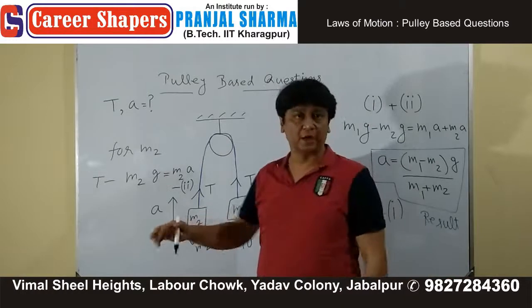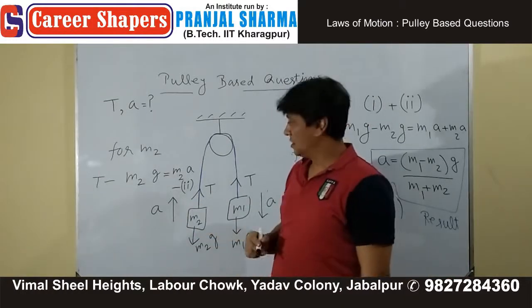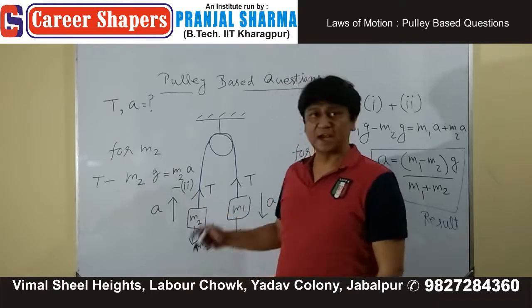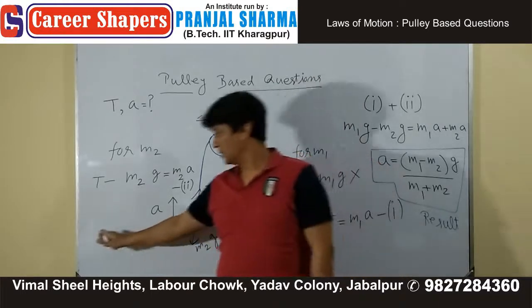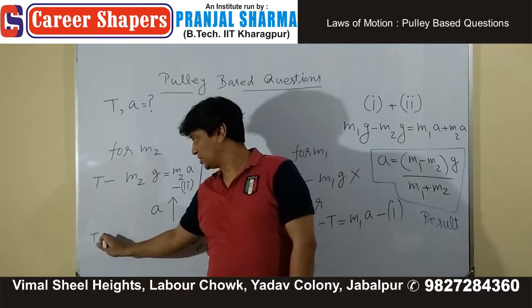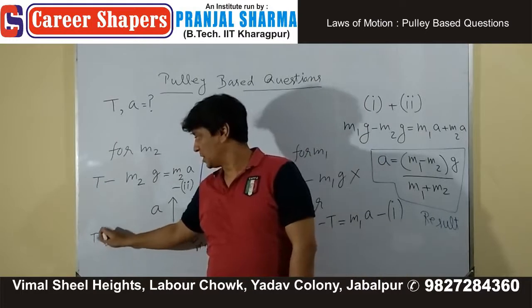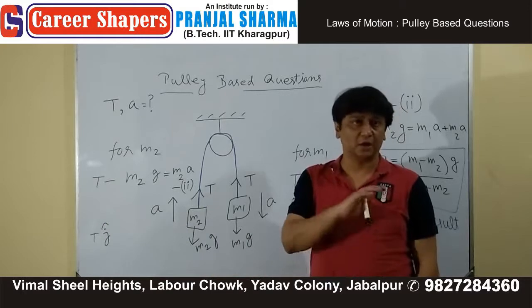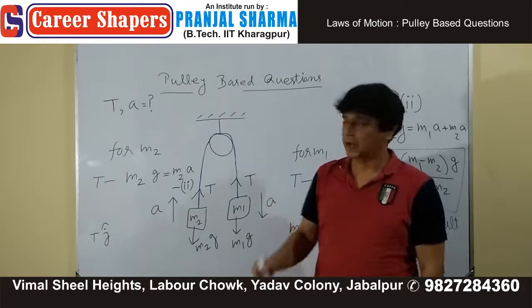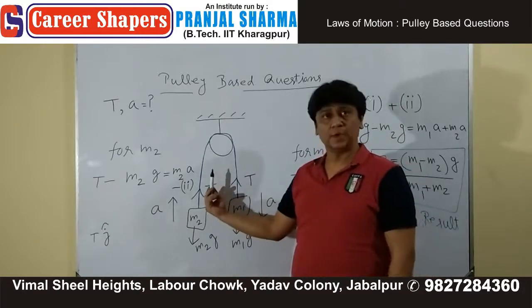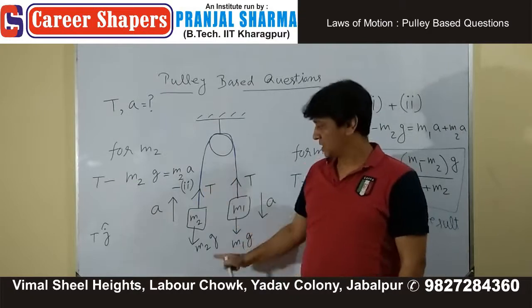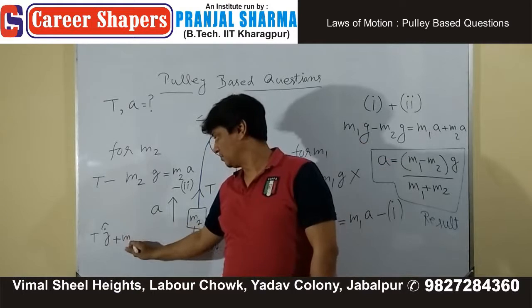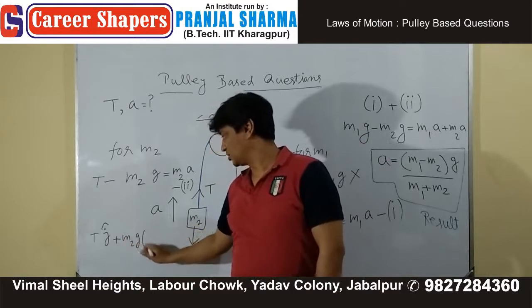Let's write down the equations in terms of unit vectors. T. What is the direction? J cap. Now you don't have to think about which is larger and which is smaller. Up is J cap. M2G, what is the direction?